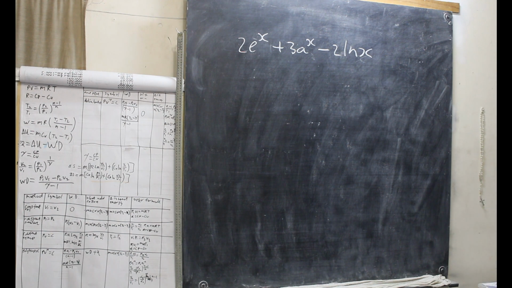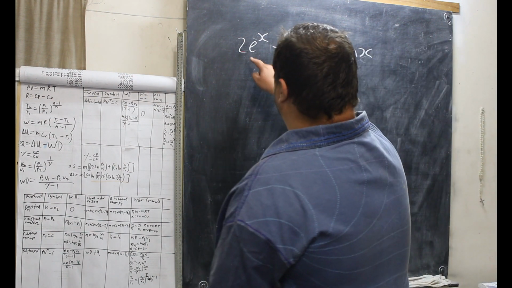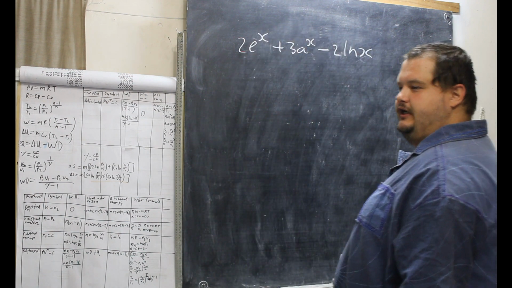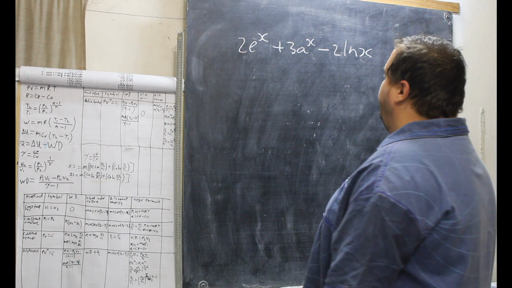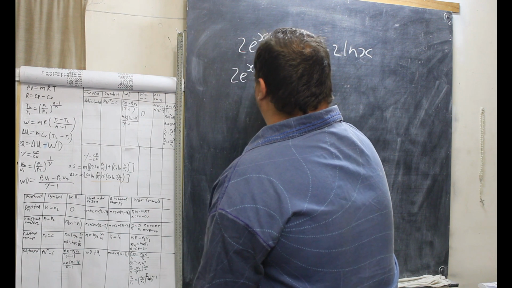Same principles apply. Now how we do this is 2e to the x. Anything with e to the x, when you're differentiating, e to the x remains e to the x, no matter what you do. So 2e to the x.